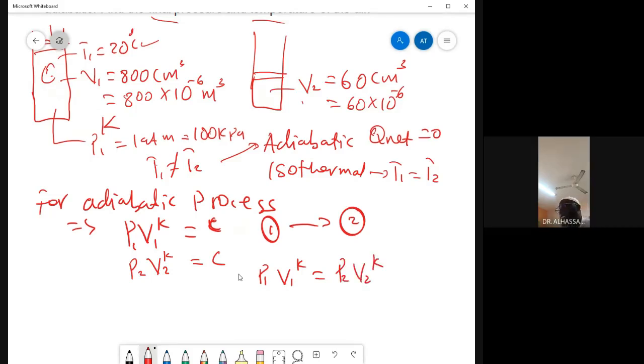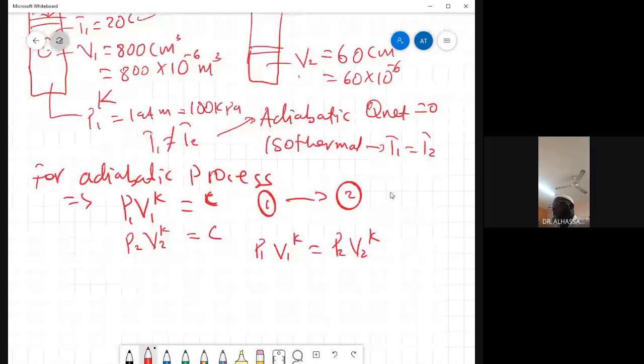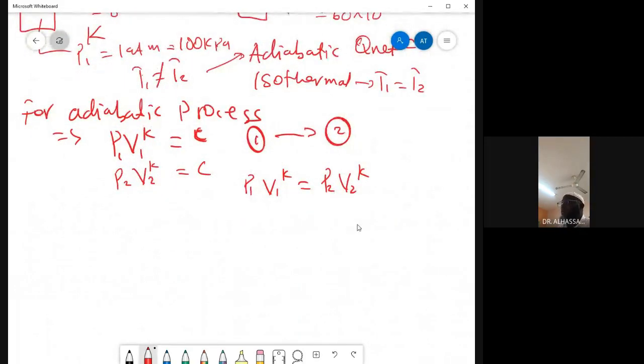So the first thing we are interested in is the final pressure. You understand? Final pressure means P2. So P2 gives us P1 V1^K, all divided by V2^K.